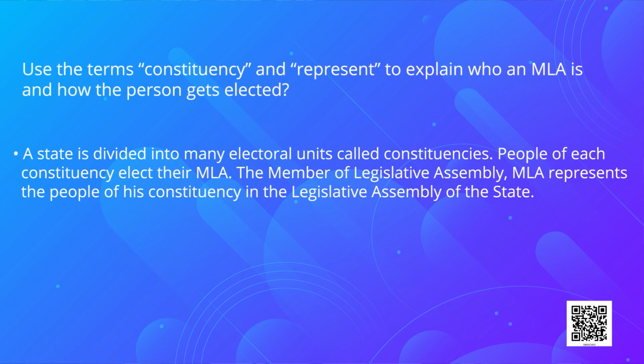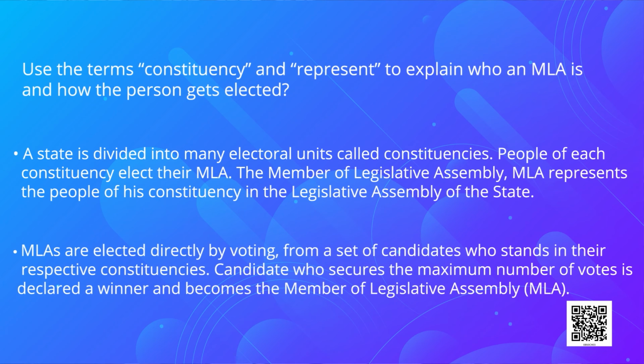The Member of Legislative Assembly, MLA, represents the people of his constituency in the Legislative Assembly of the state. MLAs are elected directly by voting from a set of candidates who stand in their respective constituencies. The candidate who secures the maximum number of votes is declared the winner and becomes the MLA.